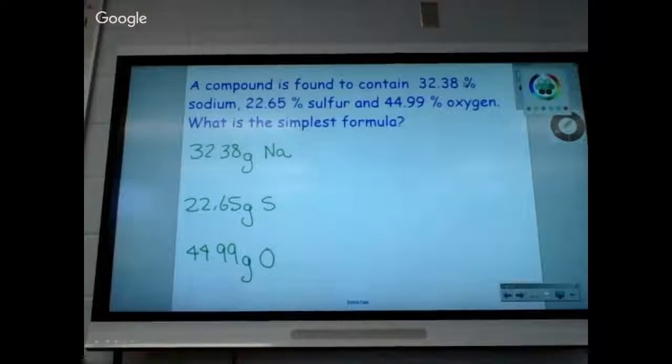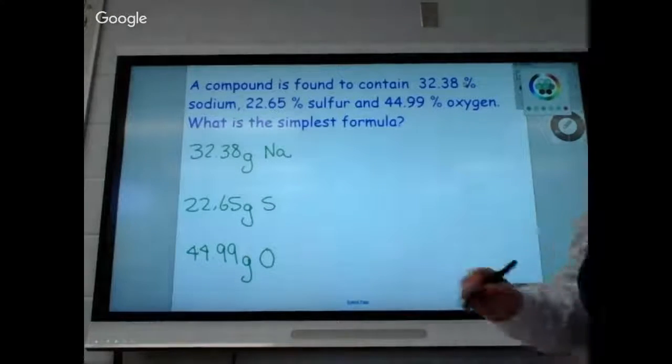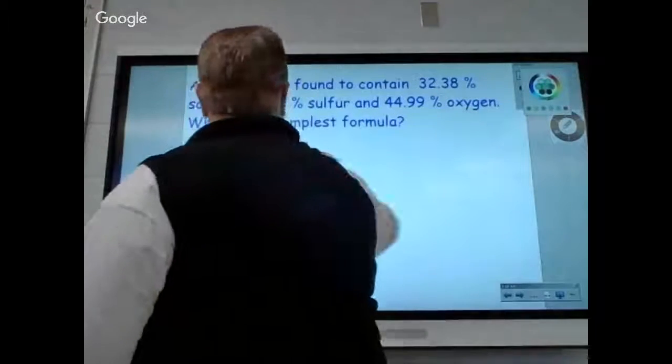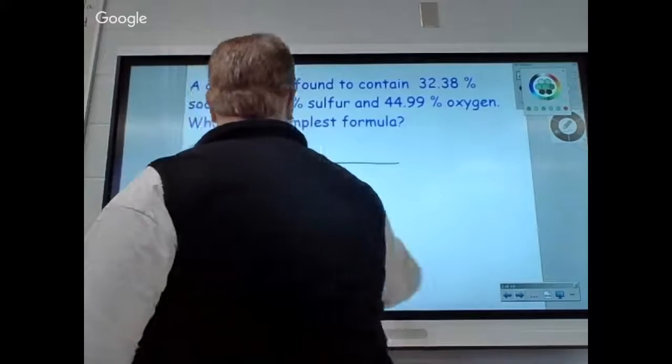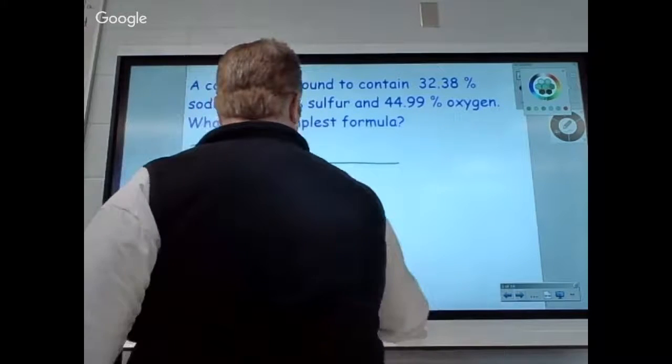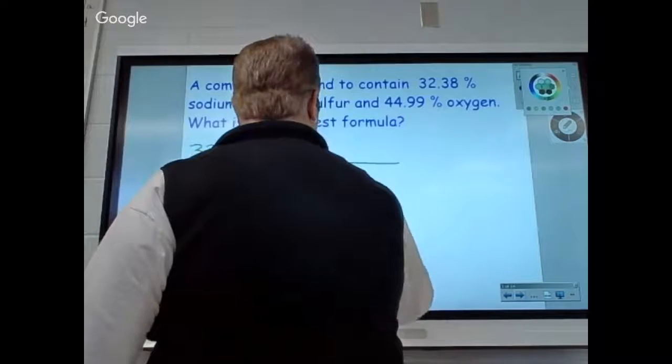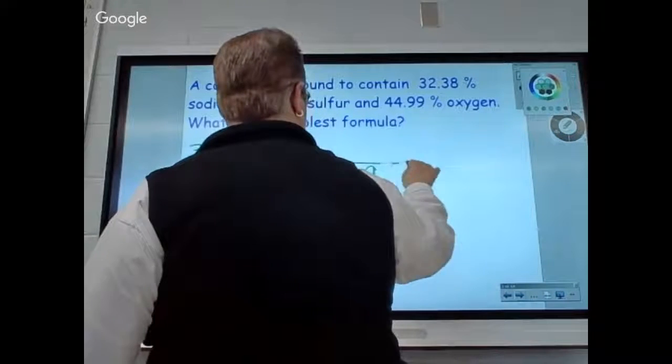Now, step 2 is a breeze. What do we do next? Exactly. So what do I do to do that? Exactly. So, what goes on the bottom of my chart? Yep. What goes on the top of my chart? Yes.